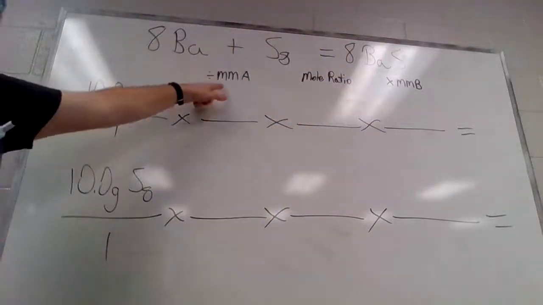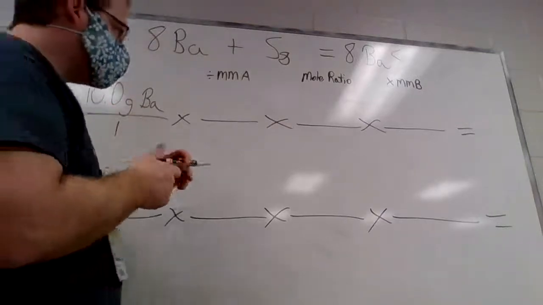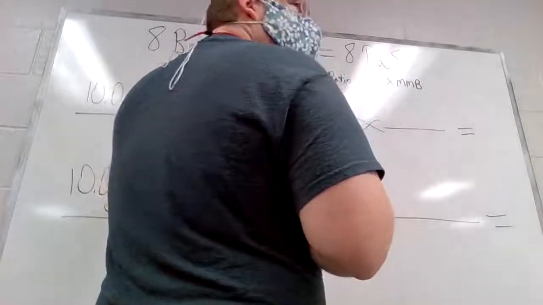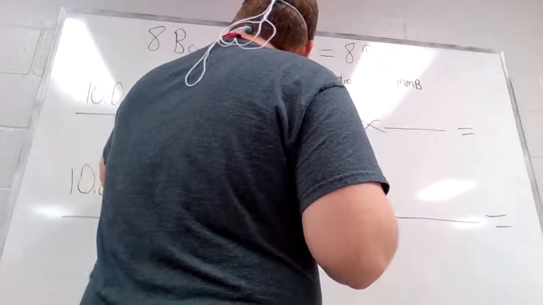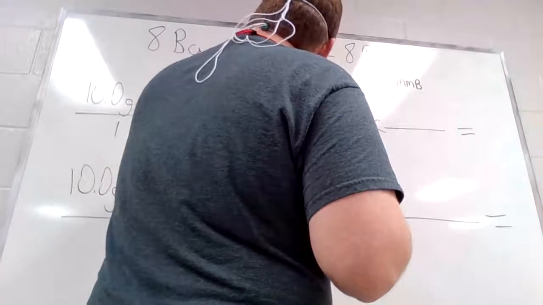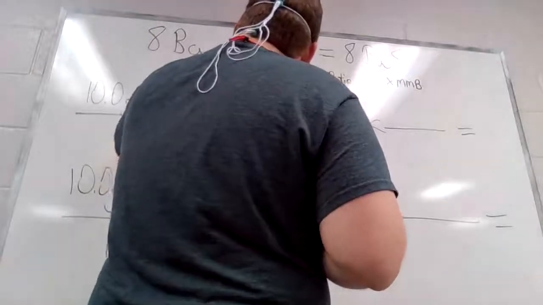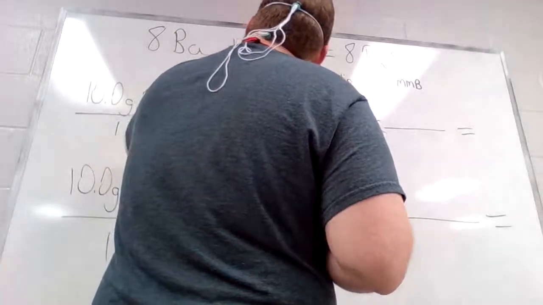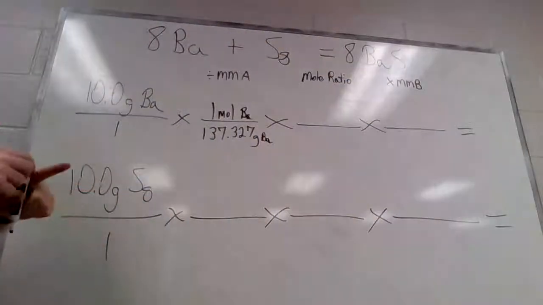Now, dividing by the molar mass of A, what's my chemical A here? It's the barium, right? So what's the molar mass of barium? What is it? 100 and what? 137.327, and that's in grams. I'm dividing by it, so it's got to go on the bottom. And that's going to be equal to 1 mole of Ba. So now I want to do the same thing, but just a different chemical.